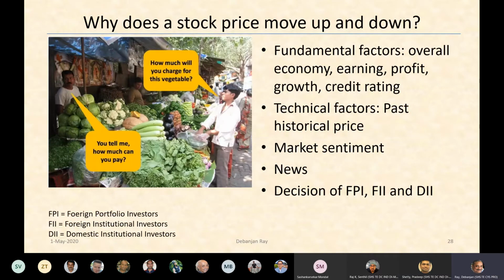But for a company, tell me, if a company produces a good, is there really any benchmark for how much profit the company will make? There is no benchmark. Nowhere in the Bible, Gita, or any of the scriptures is it written how much profit a company will make. So basically, the whole stock market is based on the investor's feeling.